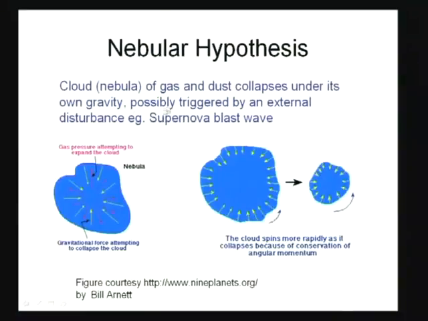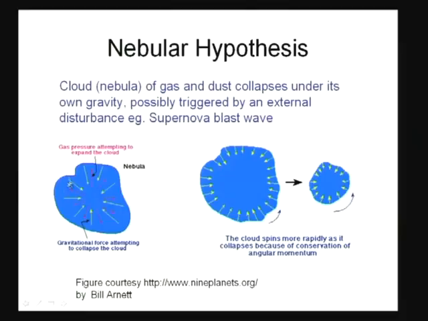That is what is shown over here, and this collapse of this nebula, of this cloud of gas and dust, could possibly have been started off by a supernova explosion in the vicinity. The blast from that could have had an impact on this cloud and caused it to start to collapse.